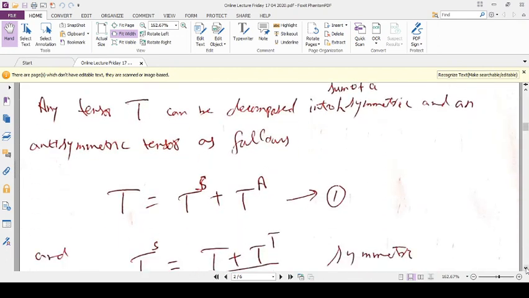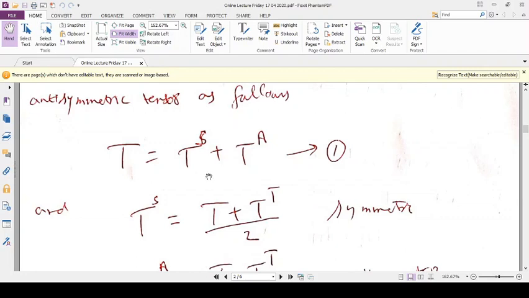So if you have a tensor T, then you can always decompose this tensor into two parts, a sum of two parts. One part is symmetric and the other is antisymmetric, and your symmetric part is equal to T plus the transpose of T divided by 2.